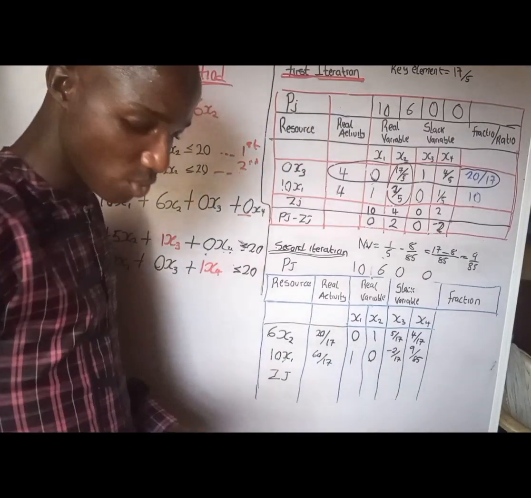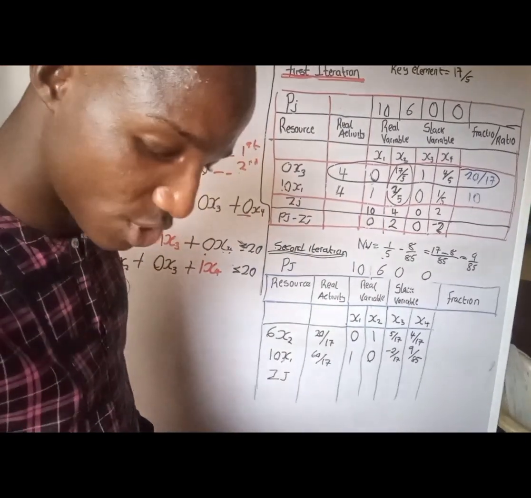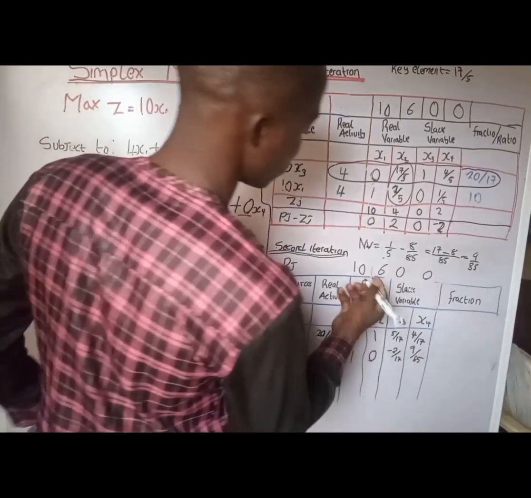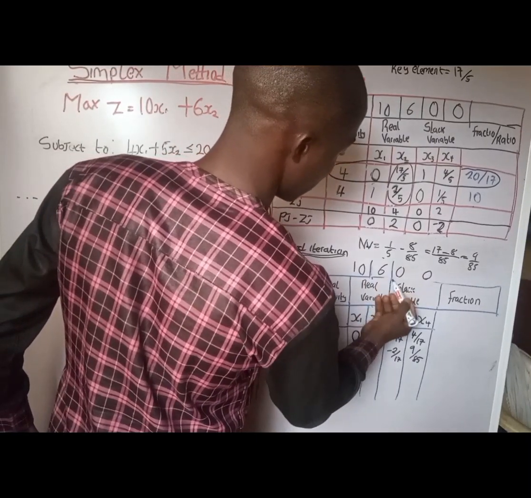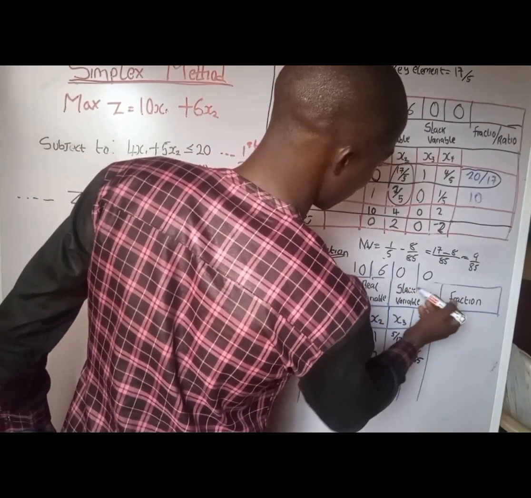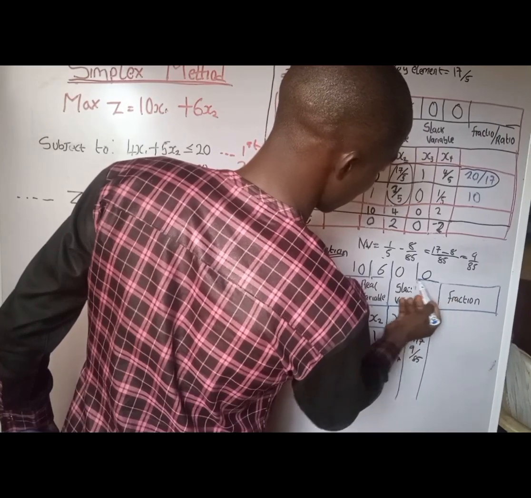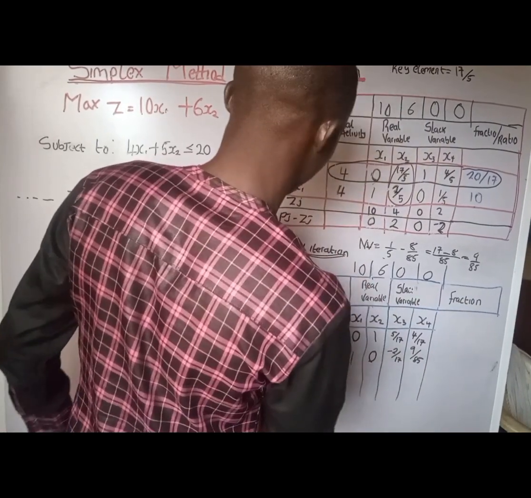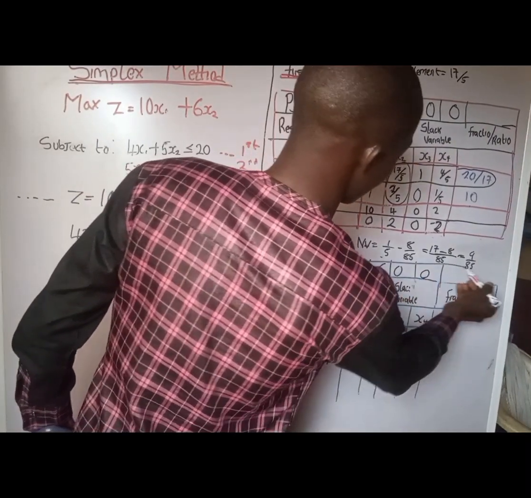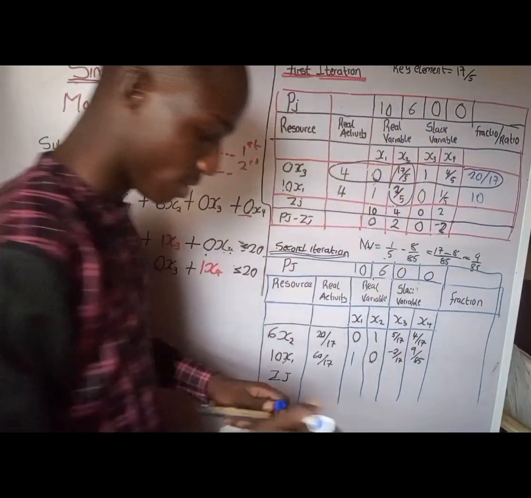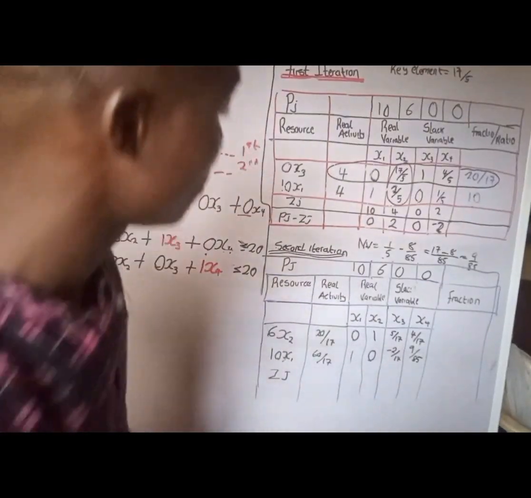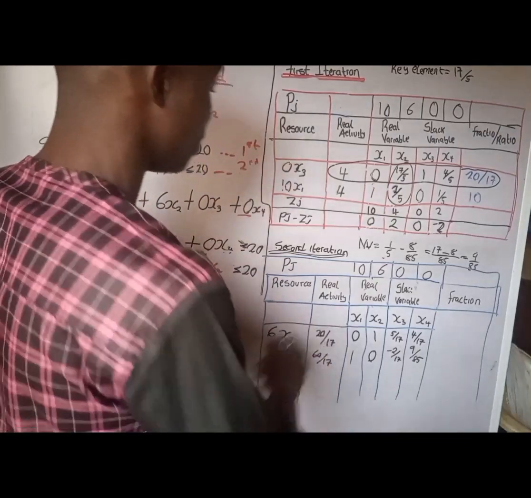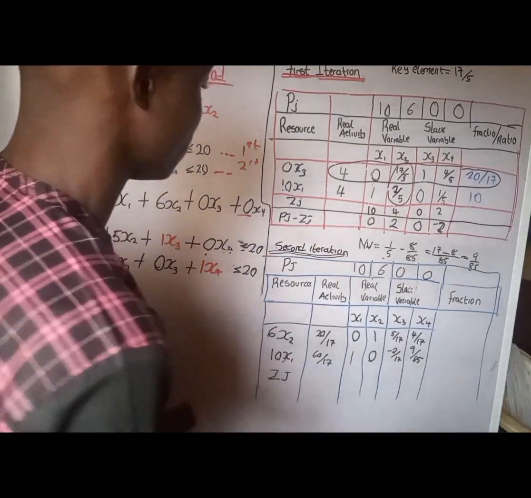Now this is the table of my pj. Now how do I find the table of my zj?